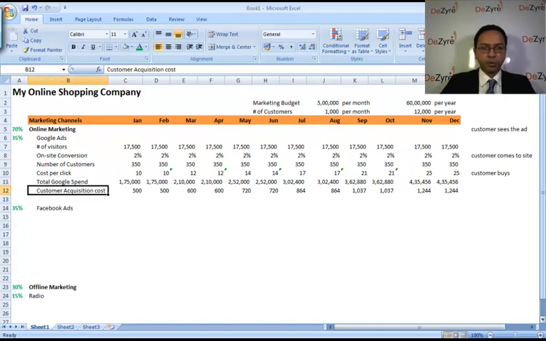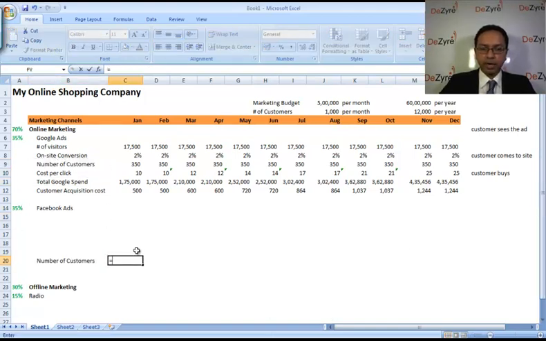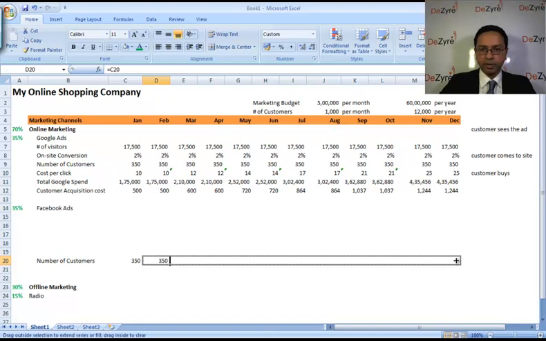Okay. Facebook ads, similarly, the first thing you start with is the number of customers, and just like you saw in Google, the number of customers in Facebook is 35% of this 1,000. I'm going to say equal to that and draw the formula across.